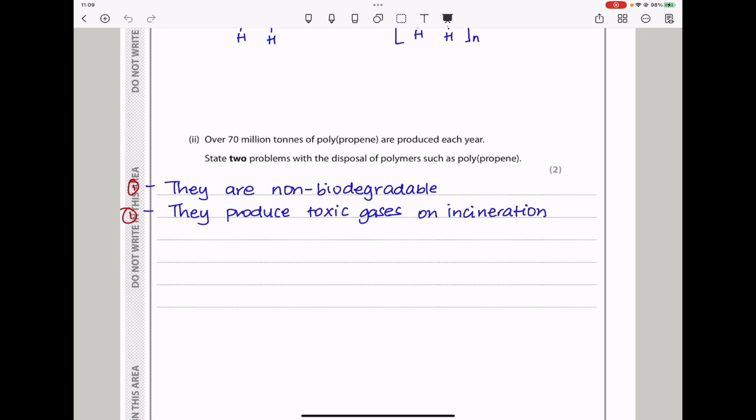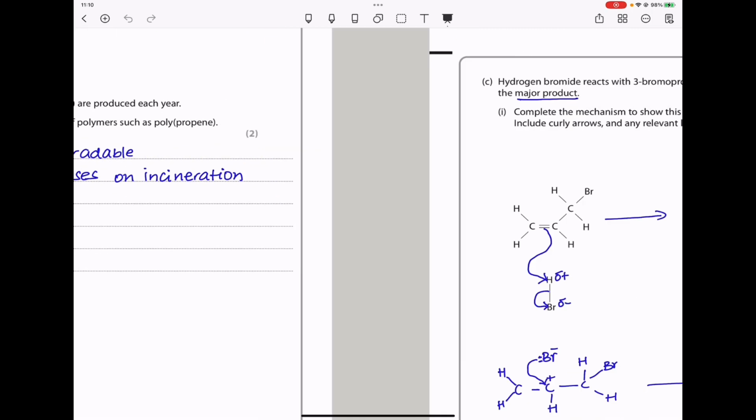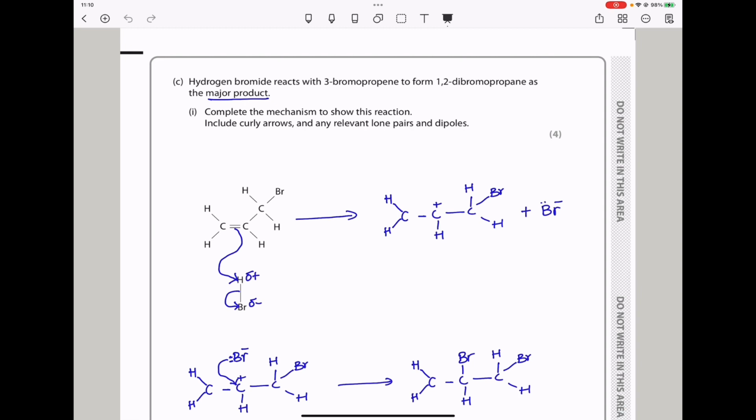So they say state 2 problems with the disposal of polymers such as polypropene. These polymers are non-biodegradable, so they do not break down in nature, and they produce toxic gases when incineration is carried out.